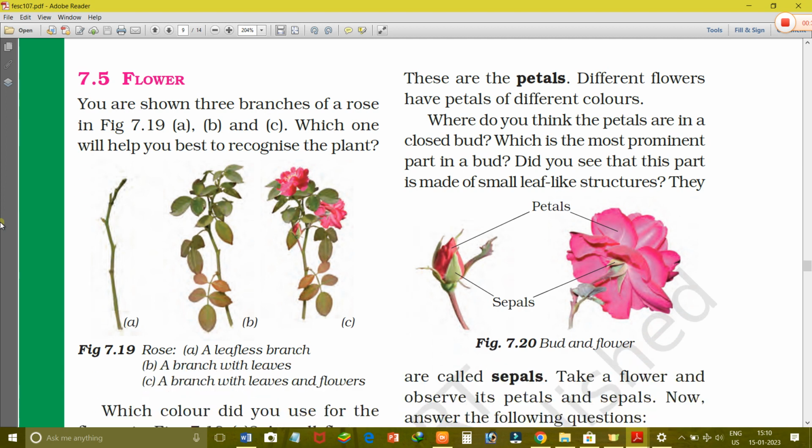Flower. You have seen three branches of our rose. Which one will help you best to recognize the plant?